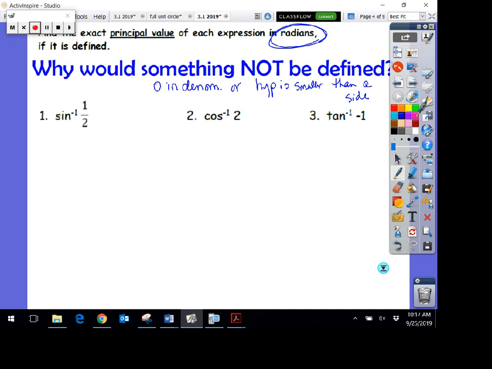We haven't changed. Everything we do is still a right triangle. So if something happens to not be on the unit circle and we have to draw a triangle in the particular quadrant and our hypotenuse is smaller than a side, that's another way we know that something could not be defined, which is not the same as no solution.